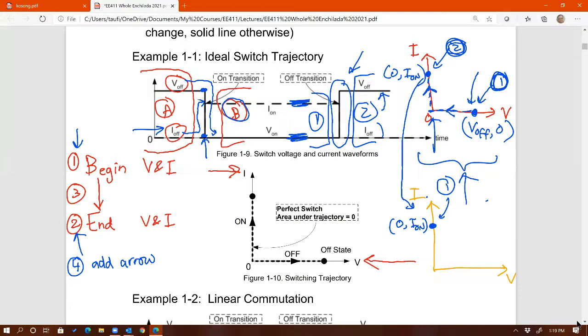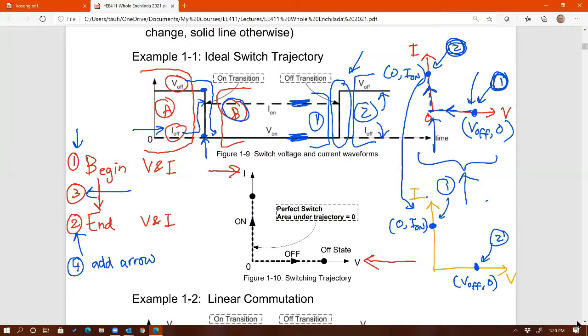So number two is V off and I off. I off being 0, right? So I know that at the end I have, that's your number two right there. The end of the transition, you have V off, comma 0, right? Some voltage at 0 amps. And then the third step right here is to determine what happens in between.